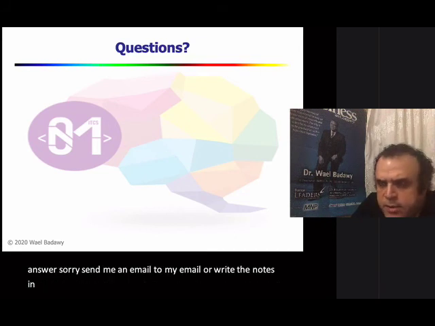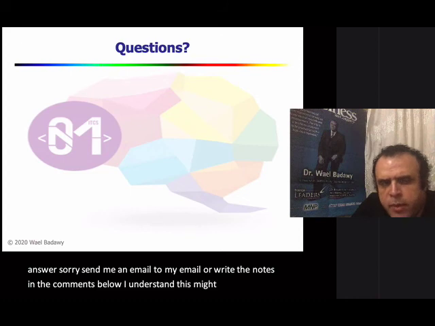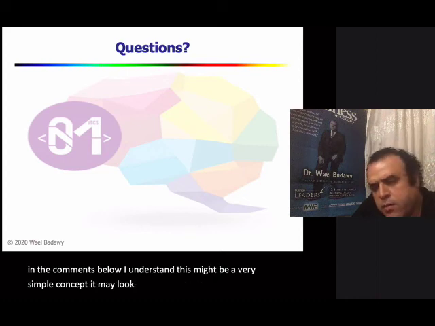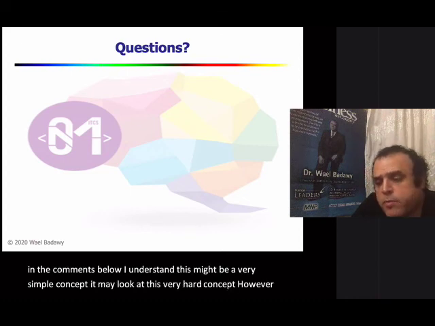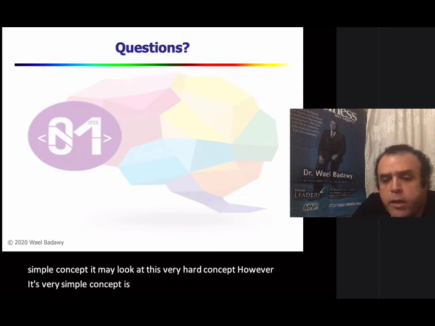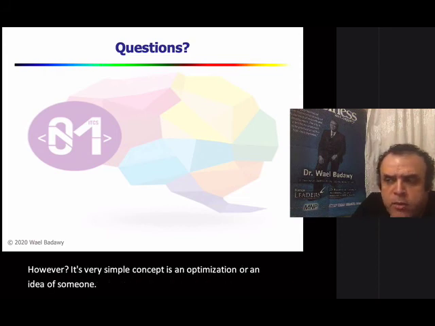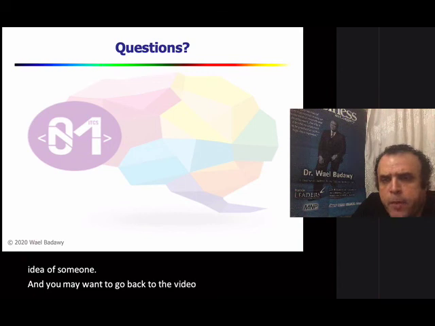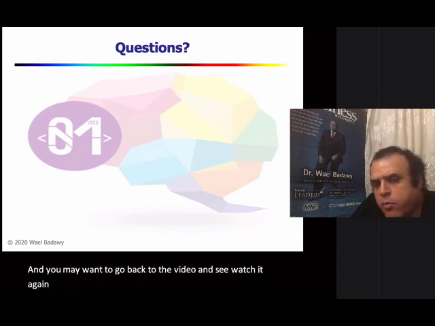I understand this might seem a very hard concept, however, it's a very simple concept. It's an optimization or an idea, and you may want to go back to the video and watch it again. You should refer to the book for more reading on it.